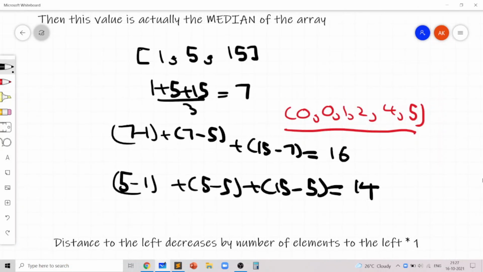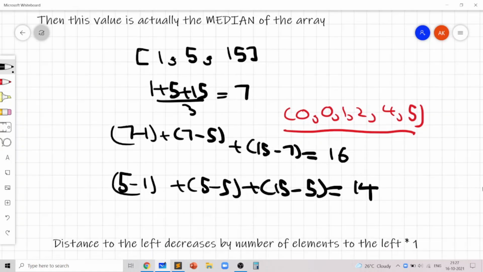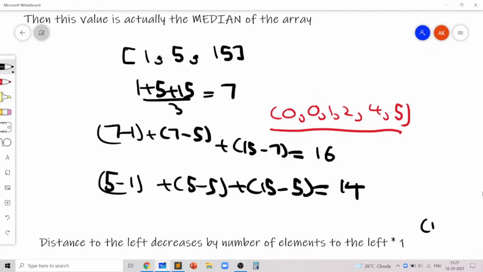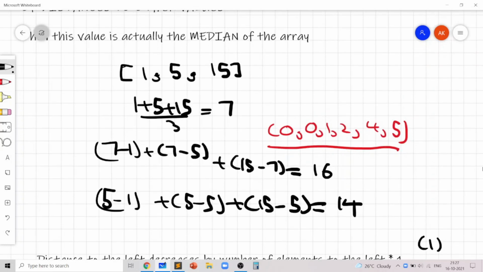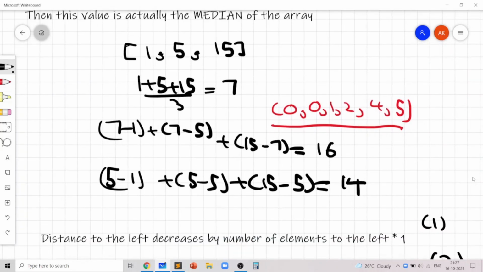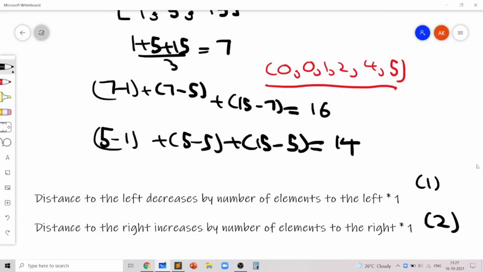If you realize, when we take the element 4, the number of elements less than 4 is 1, and there are 2 elements greater than 4 in this list. So although the sum of absolute values decreases by 1, it also increases by 2. The net result is a minus 1 and a plus 2, so it increases by 1. That's why when we move from 5 to 4, the sum of absolute values increases.